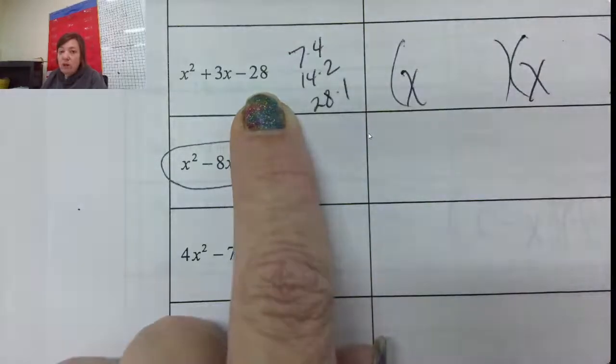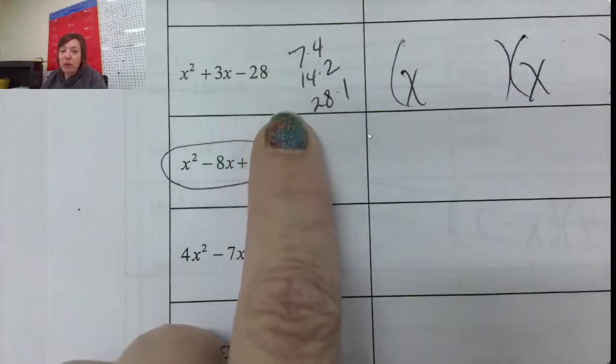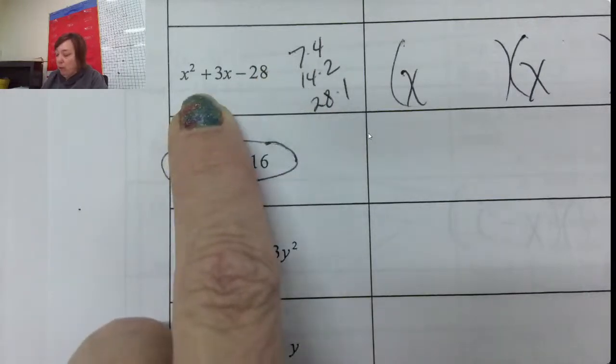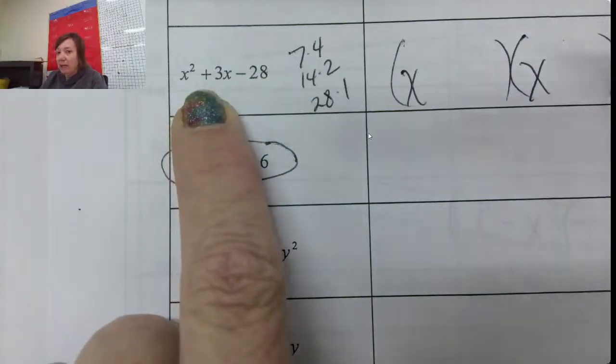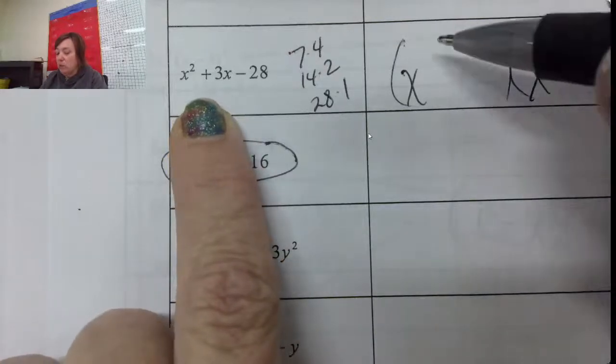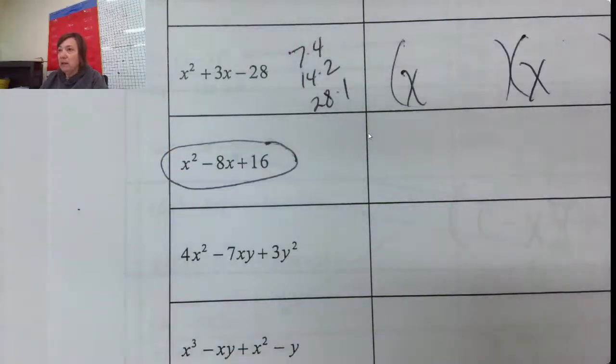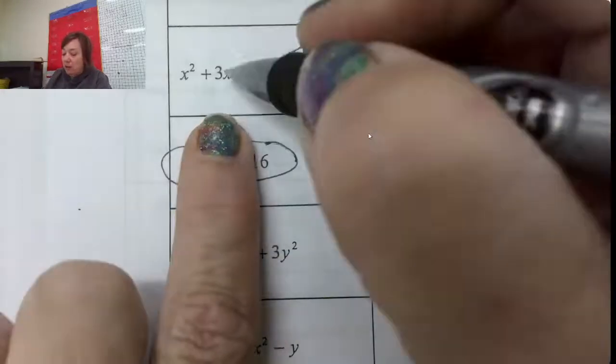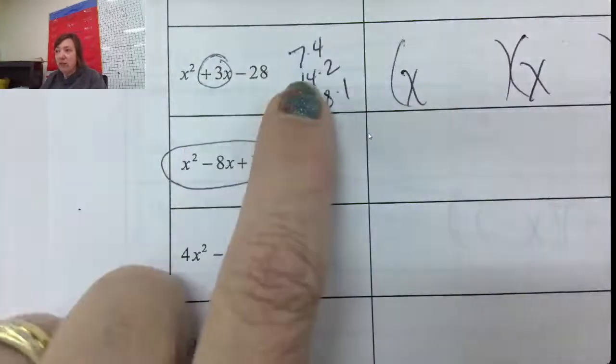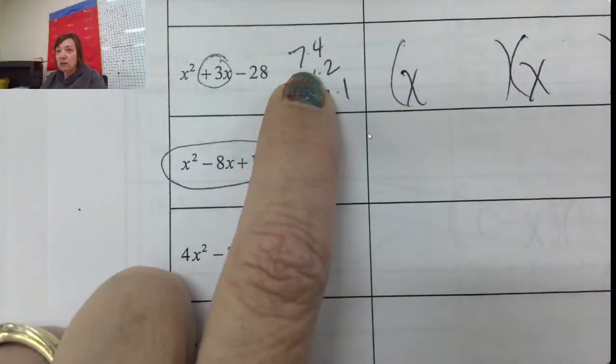So which of those might combine to get us 3? 7 and 4. Now, if they combine to get us 3, that means we're going to have to subtract, right? If you add 7 and 4, you're not getting 3. You're going to have to subtract. And it's a positive 3, which means the 7 is positive and the 4 will be negative.